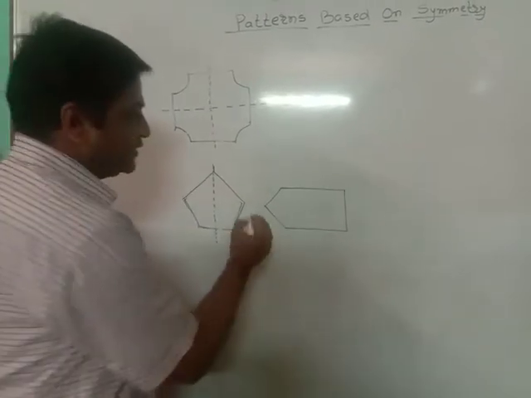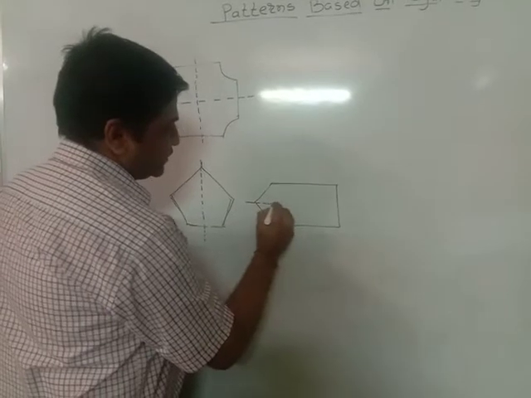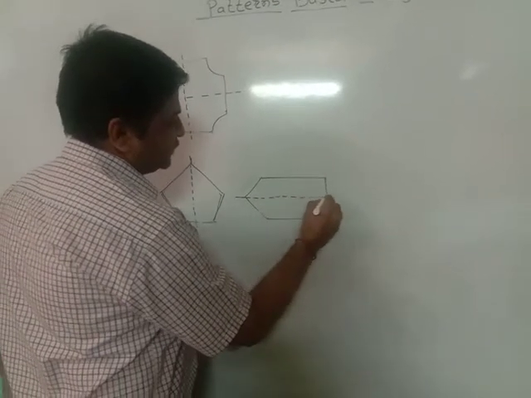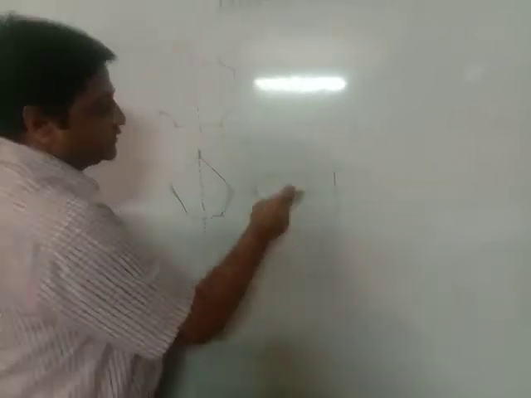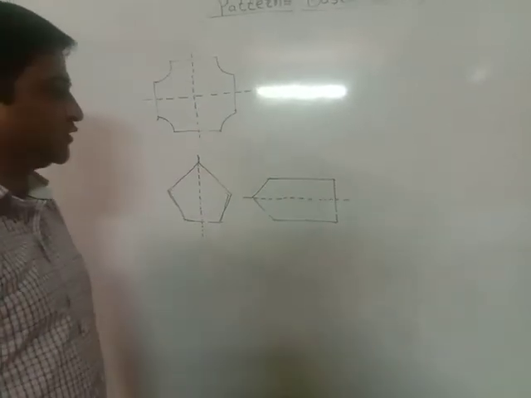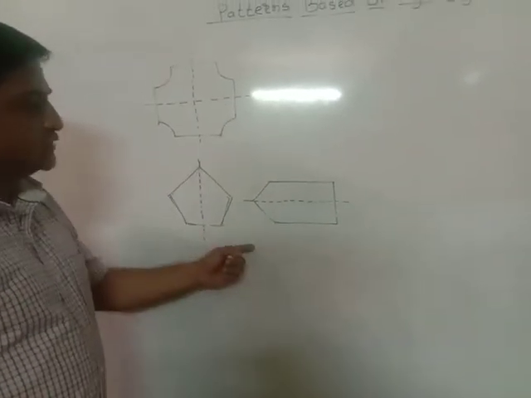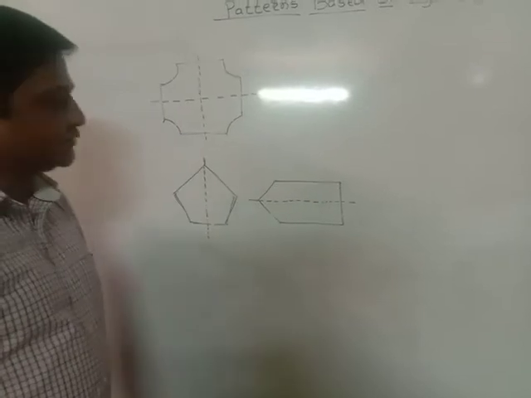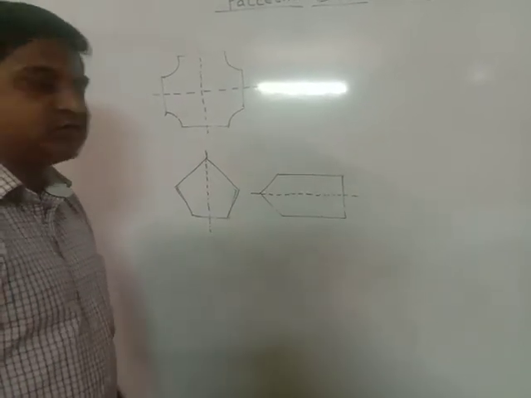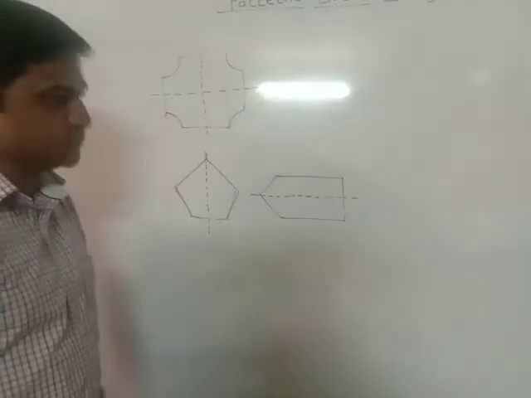Now, if I can divide the object into two equal halves in such a way that one part is a mirror image of the other, it's known as a horizontal line of symmetry, and the object is known as a horizontally symmetric object.